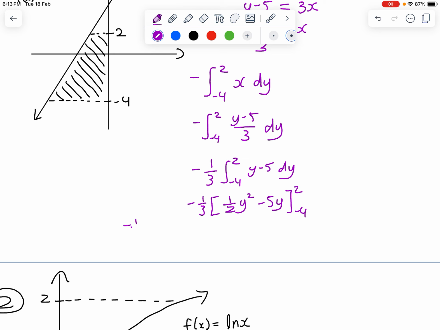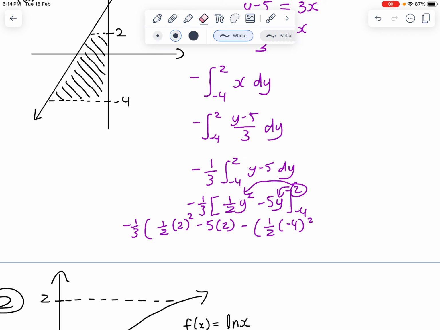So I have negative 1 over 3 times, and now I plug in the upper bound. I plug 2 into y, so I get 1 over 2 times 2 squared minus 5 times 2, minus, let's put it in brackets to make things easier, plugging in negative 4 as y.